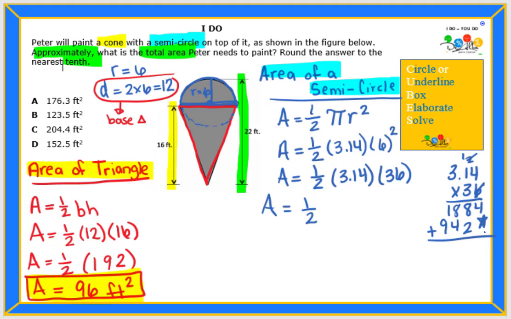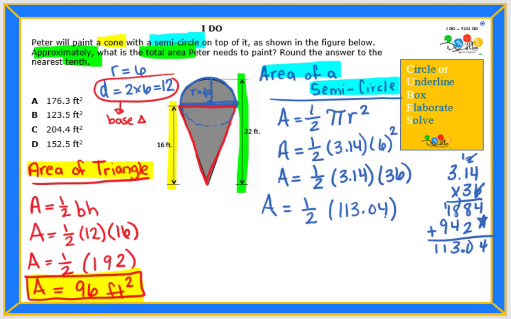We're going to add our rows. We get 13, carry 1, 11. And we have 2 numbers behind the decimal in the first factor, and none in the second. So 2 decimal places, and that's going to be 113.04.